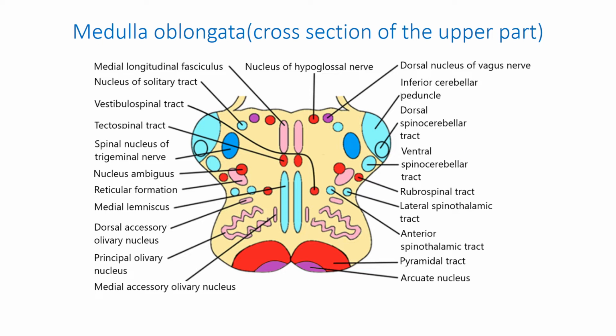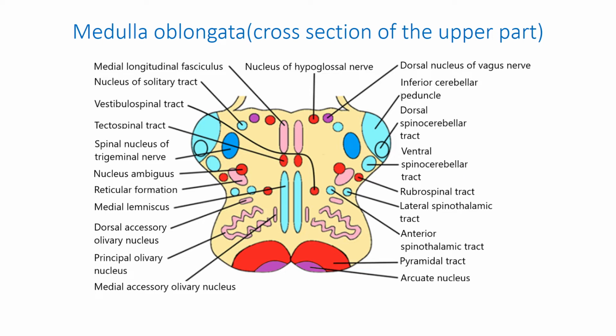On the anteromedial aspect of pyramidal tracts, arcuate nuclei, the extension of the pontine nuclei, lie. They receive fibers from the cortex and send the axons via the anterior external arcuate fibers to the cerebellum of the opposite side via the inferior cerebellar peduncle.